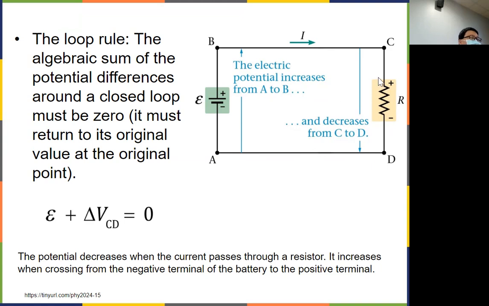Now, if you are encountering a resistor and your loop is going in the same direction as the current through the resistor, then the voltage decreases, in this case by I times R. So the change delta V CD here should be minus I times R. Then this equation becomes epsilon minus I times R equals 0. That's the loop rule here.